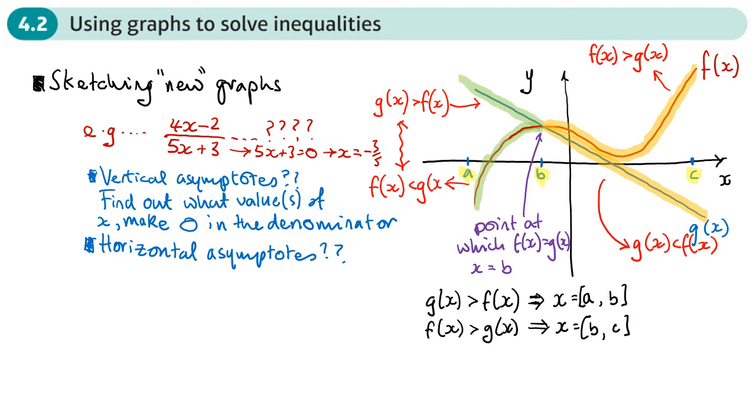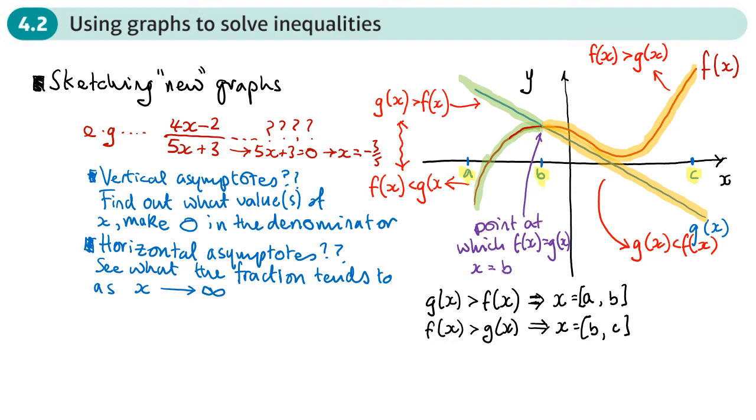We've not come across graphs where you've got something other than a constant at the top of the fraction. And the way that we find out these y values is to see what this algebraic fraction tends to as x tends to infinity.